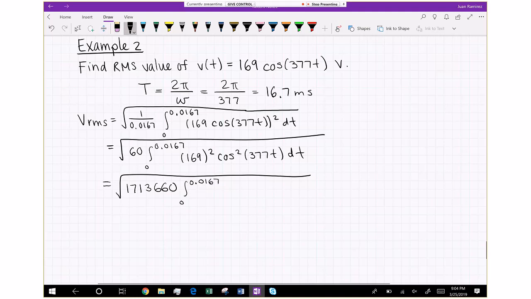And now I'm left with the cosine squared of 377t, but I could use one of my trig identities to simplify that into 1/2 times 1 plus cosine 2 times the original angle.